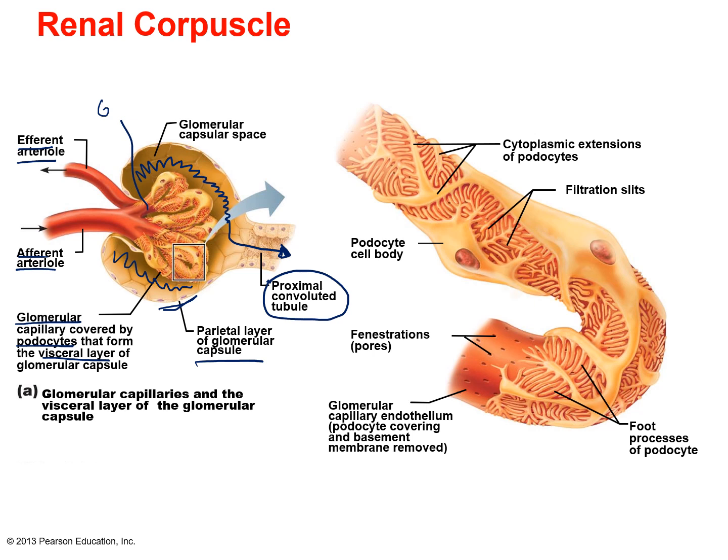On the figure to the right, they are zooming in to take a look at the relationship between those podocyte cells of the visceral layer of the glomerular capsule and the glomerulus. So you have your glomerulus, or the little capillary, and this is the endothelium. You can see that you have these holes in it. These are the fenestrations or the pores. Then you would have a podocyte cell that is wrapping around the glomerulus, with those little foot processes that extend off of the podocyte.